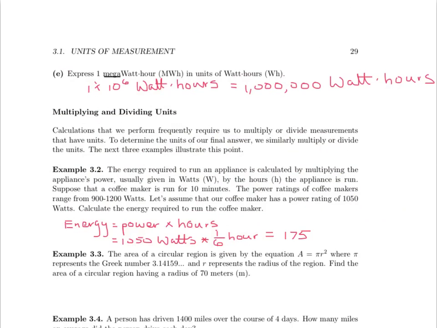So the units here are watt hours. And you can see the dot right in the middle indicates that you're multiplying a certain number of watts by a certain number of hours. So the energy that we have used in running this coffee maker is 175 watt hours.